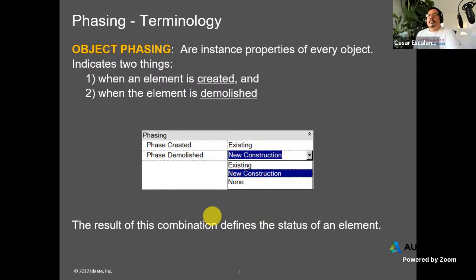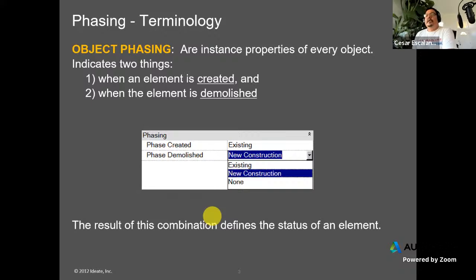and it indicates 2 things: in which phase an element is created, and in which phase an element disappears, in which phase the element is demolished. Elements existing to remain, for example, are created in an existing phase, but they don't get demolished.